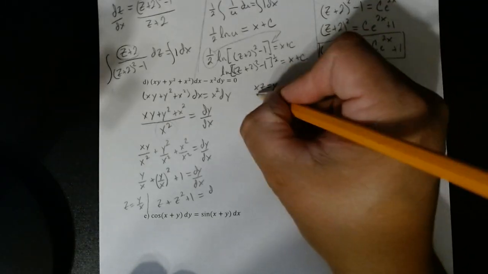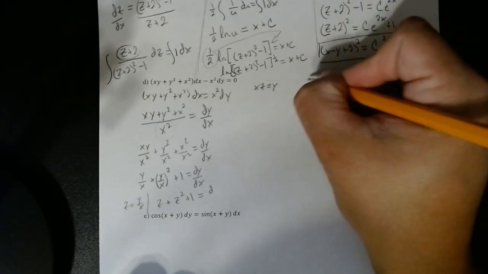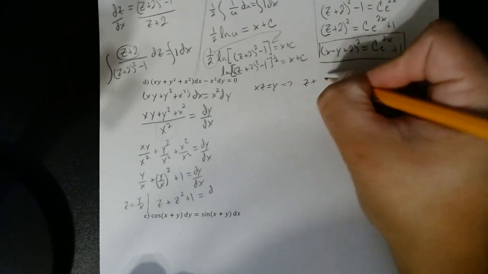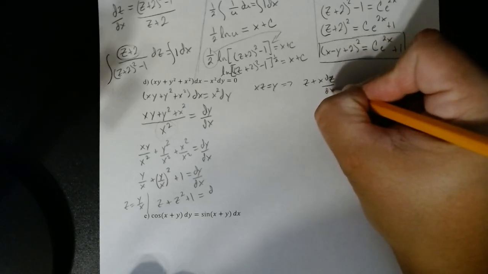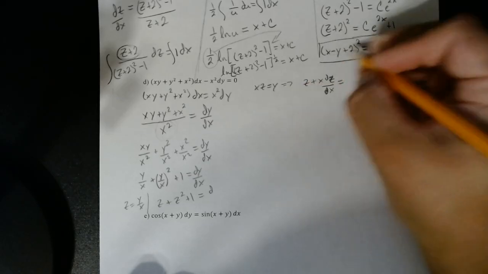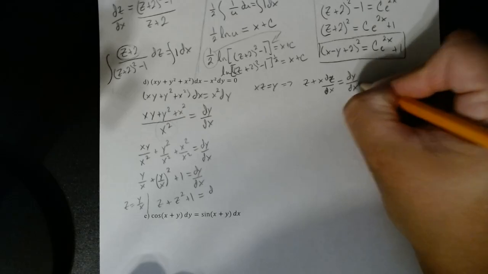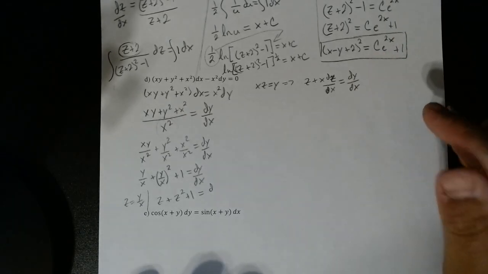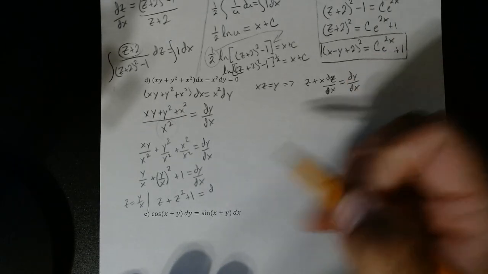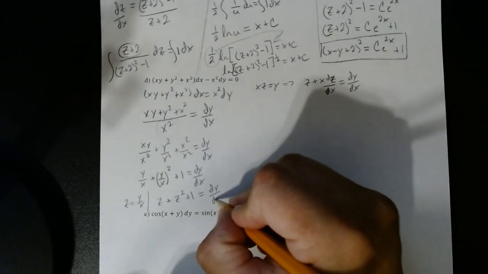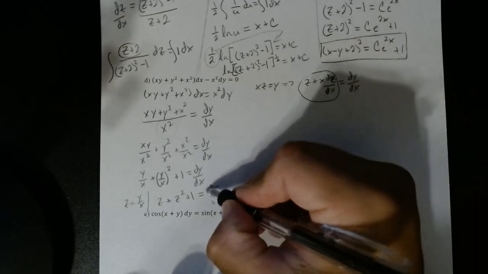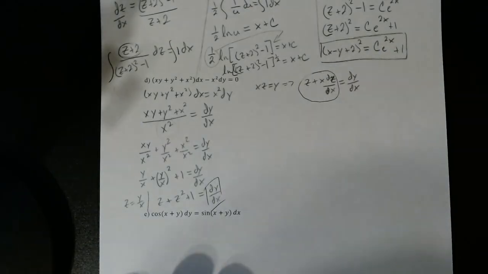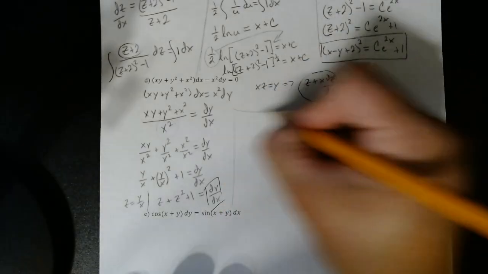This is going to be product rule. Gives us that. Okay, so therefore, write this here. Now I substitute all of this for that. Okay, so let's do that real quick.